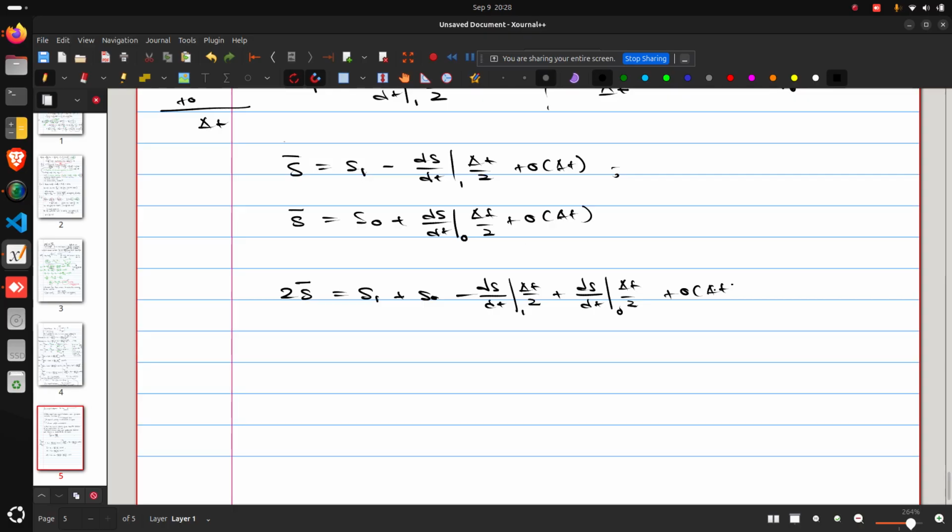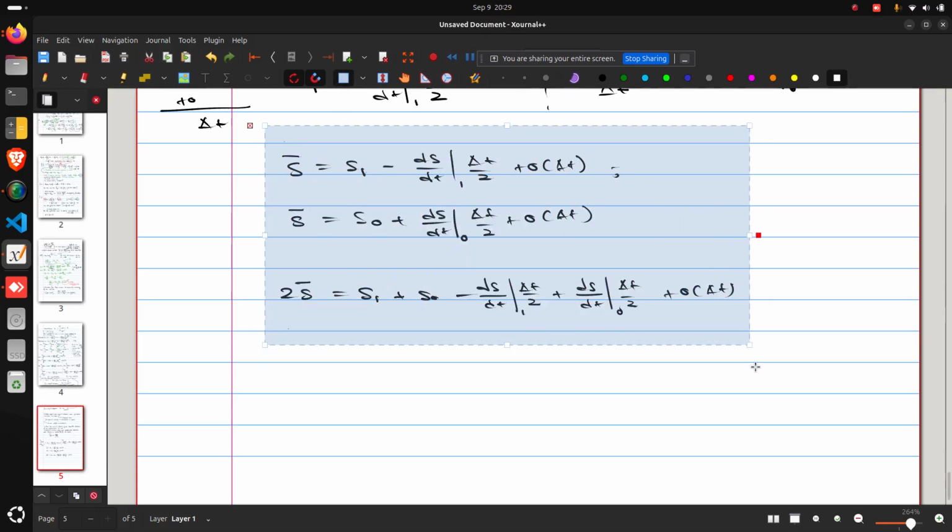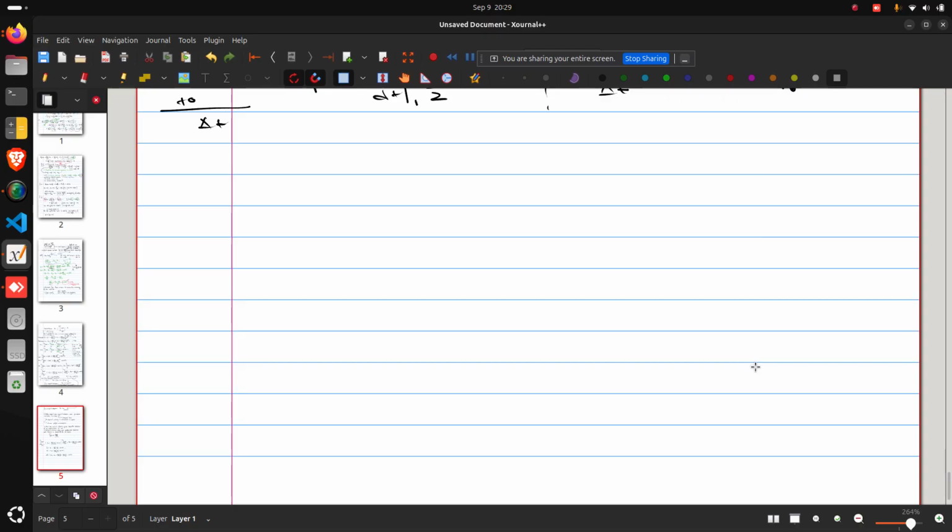This is order of delta t only. Okay, I'm really sorry, I don't think we'll be able to extract anything from this part. We'll have to again do a similar kind of analysis.